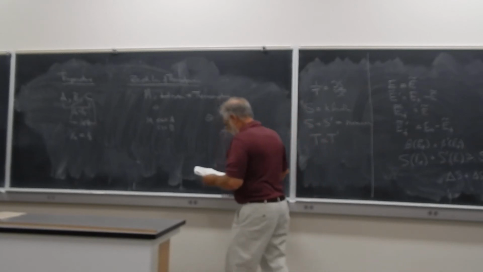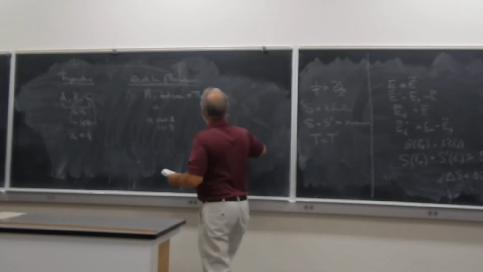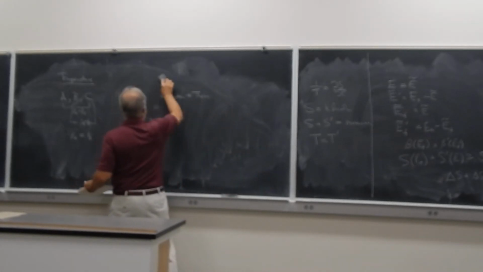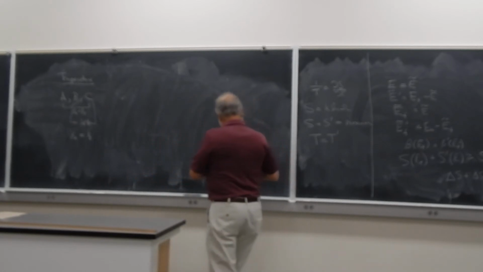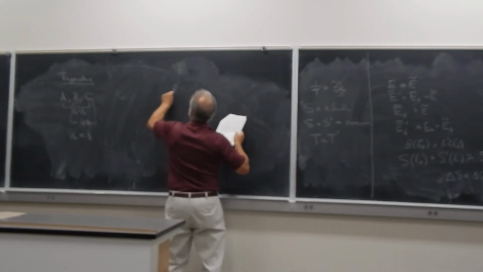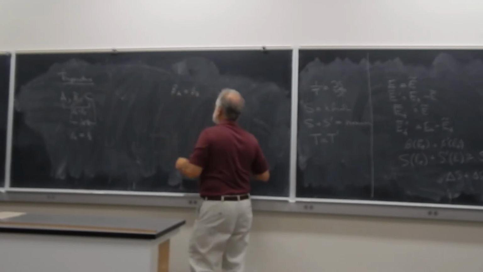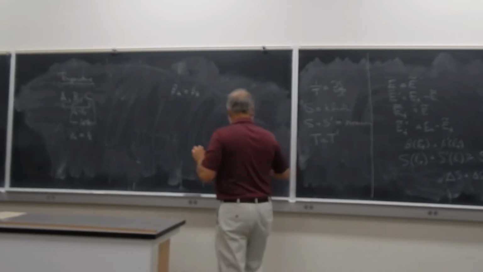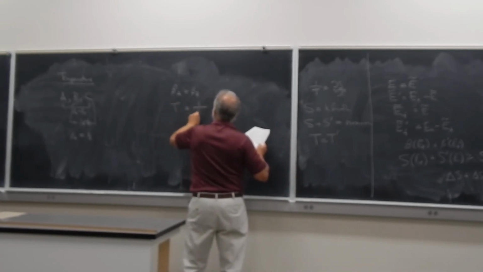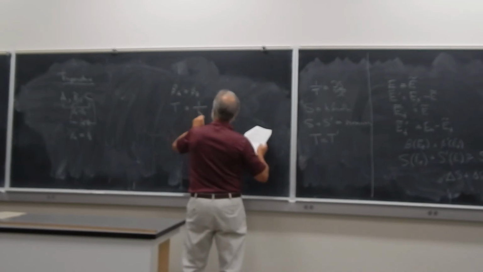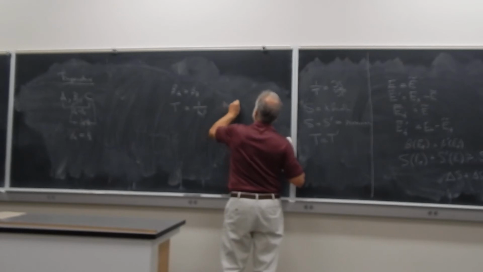What we want to do now is bring back our discussion of beta again. We've said that if A and B are in thermal equilibrium, that means that beta sub A and beta sub B have to be equal. We have defined, as we said before, 1 over k times beta as T, and that's what we call the absolute temperature.